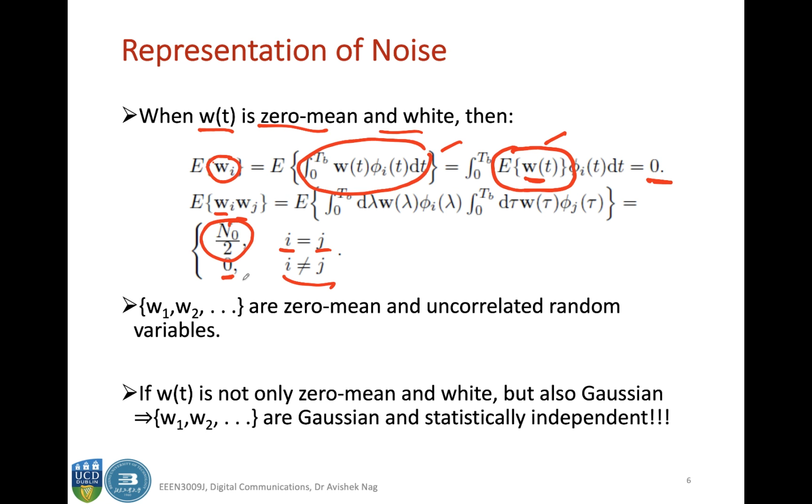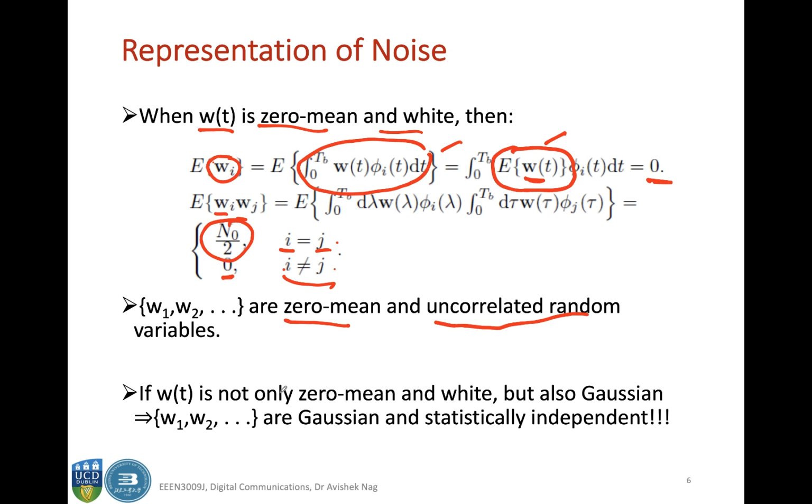This means that these coefficients wi, denoted as w1, w2, and so on, are zero mean and uncorrelated random variables. If i is not equal to j, they are uncorrelated, and the autocorrelation, which is the case when i equals j, is N0 by 2.